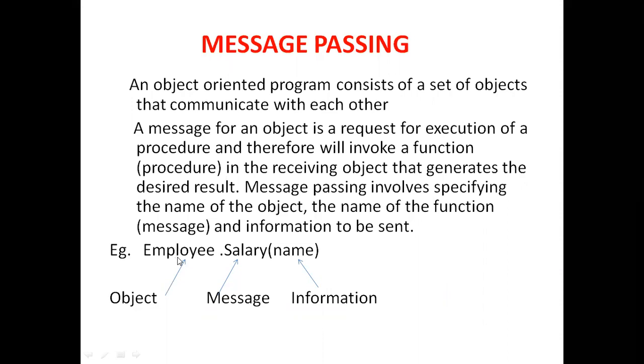With the help of the object we are calling the salary function. It has the parameter name. So we are passing a message. Whatever you give here for the parameter name, it will pass. Suppose you write name equal to Ram, so Ram will pass into salary, and salary will be given to Ram. With the help of the object, we are communicating. We are sending a message. Okay. Clear?